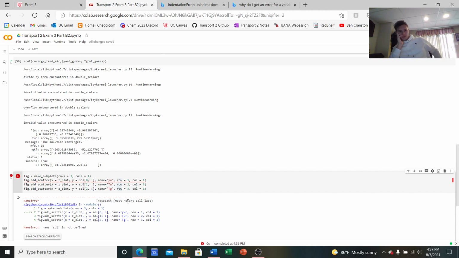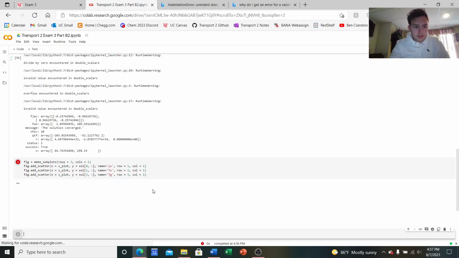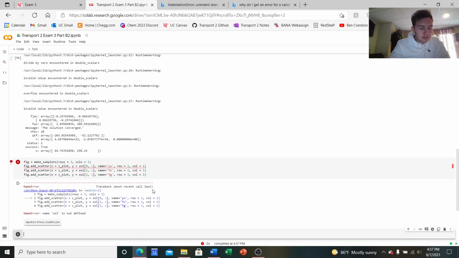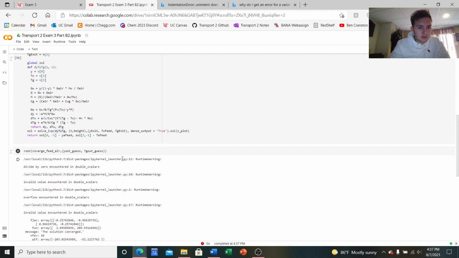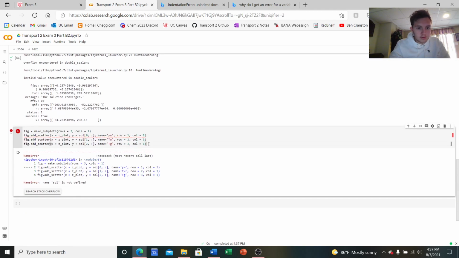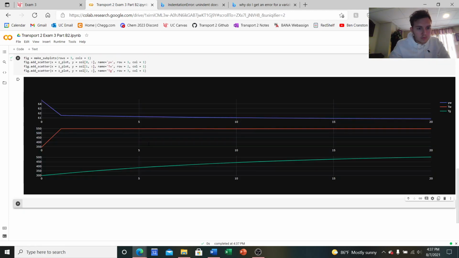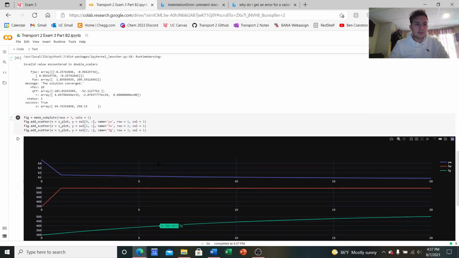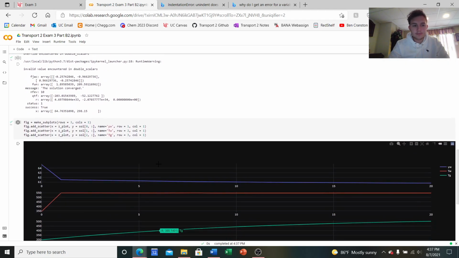What is wrong with this? It's not defined. It's literally defined right up here. Do I need to rerun that? There we go. Okay, I just didn't rerun the root solver.